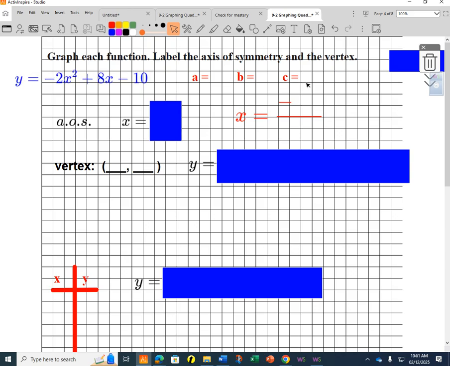Once you get it written down, go ahead and find your A, your B, and your C. Anybody tell me, Trinicia, can you tell me what the A, the B, and the C are? Perfect.